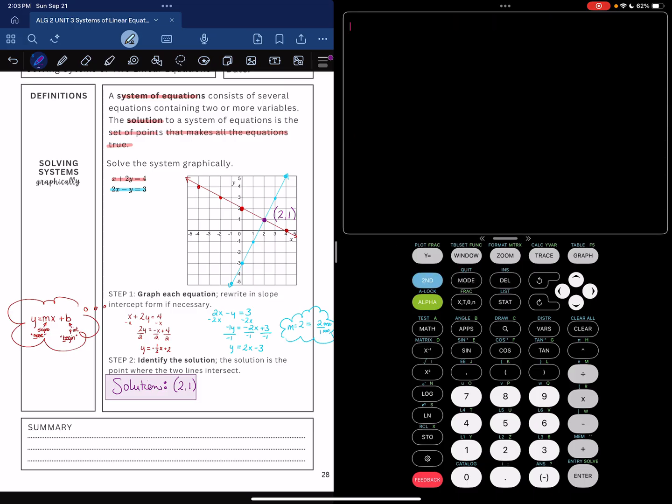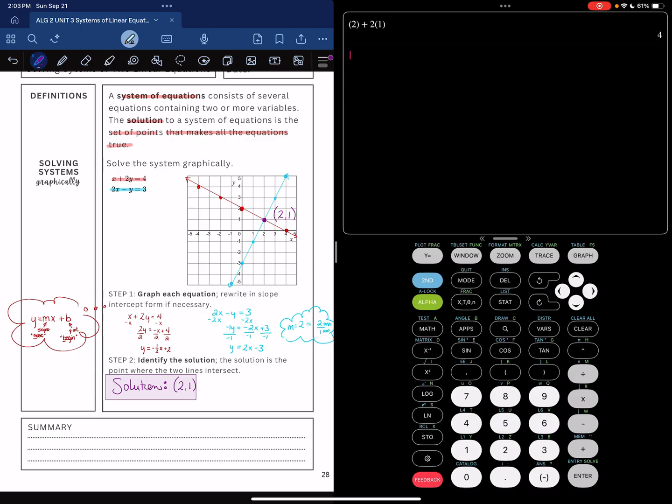So if you take the x and y value and plug it into your original equation, that red one, that would be 2, and then plus 2 times your y value, which is 1, and that gives you 4, which is exactly what we were looking for. That red equation should equal 4 when you plug in the x and y.